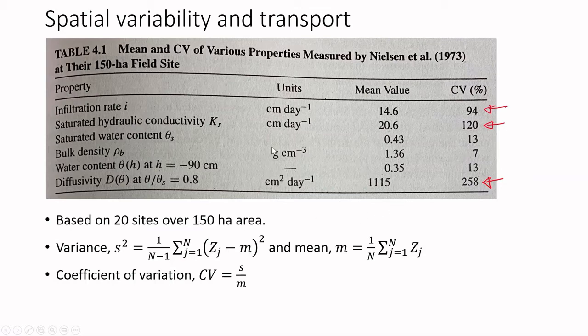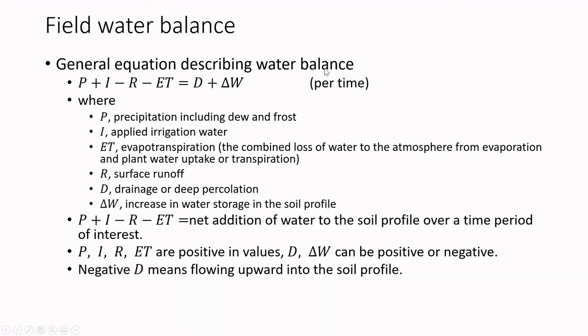Similarly, for saturated hydraulic conductivity, we have around 20.6 centimeter per day. This is also an average over 20 sites. So the more sites we have, the more representative the mean value will be. And keep in mind that spatial variability is always there. If you look at this, the spatial variability is almost 120% coefficient of variation.